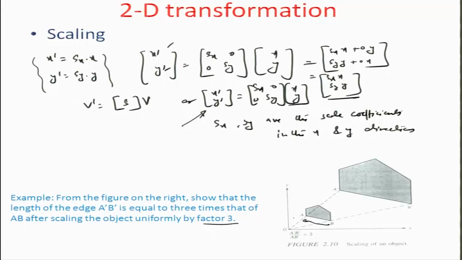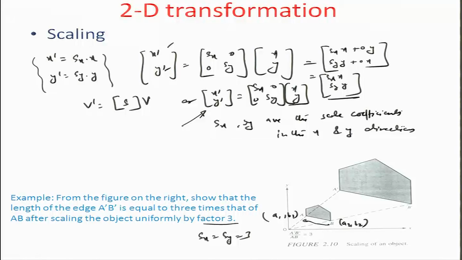Let us assign some coordinates here to A and B. So, let us have the coordinate of A as A1 B1 and the coordinate of B as A2 B2, and because the scale factor is homogeneous in the x and y direction, the Sx and Sy in this case are both equal to 3.